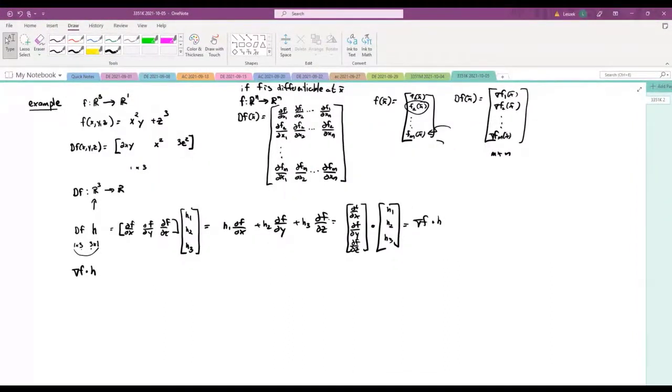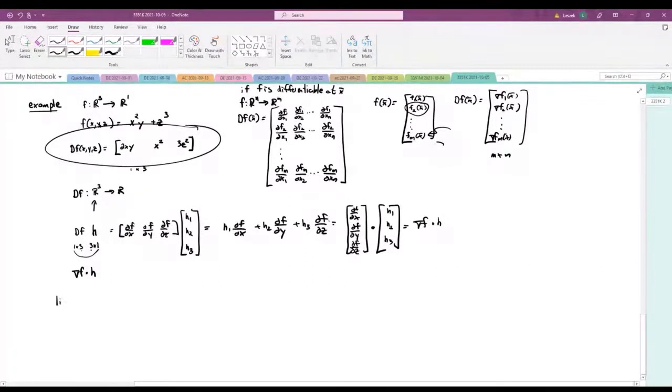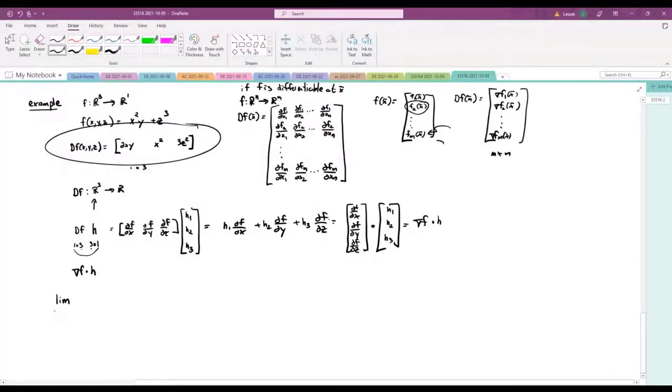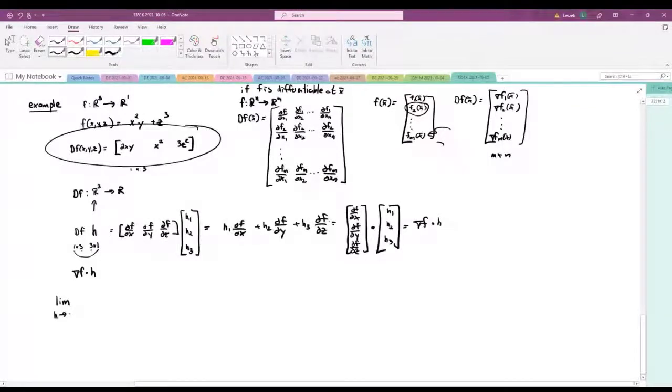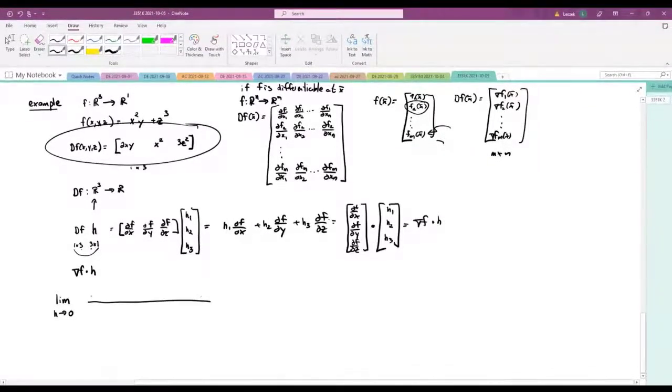So now, since we think this is a correct derivative, let's just use the limit definition to confirm. So limit as h, a vector, goes to 0. I'm thinking I better write this as x, just to emphasize that this is the position vector, the coordinate vector x.